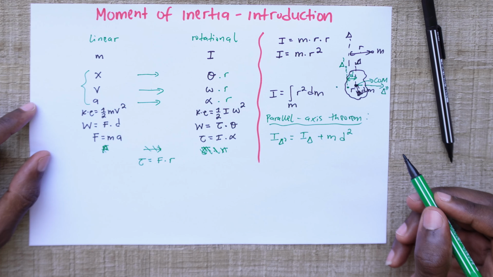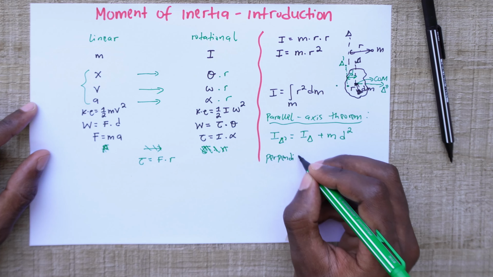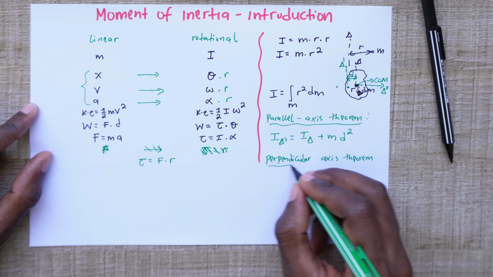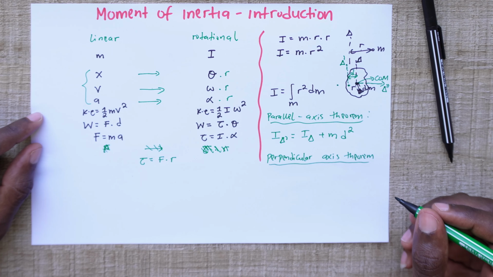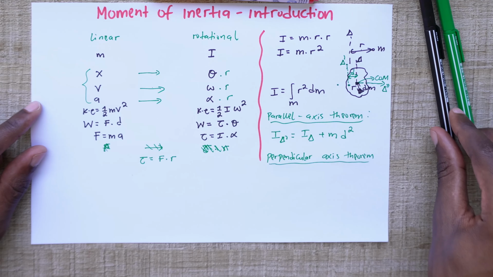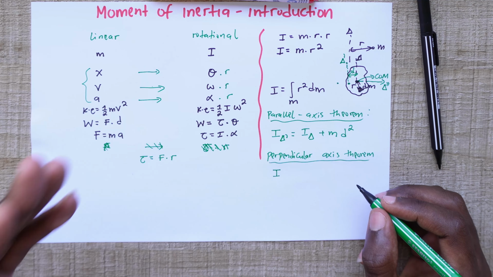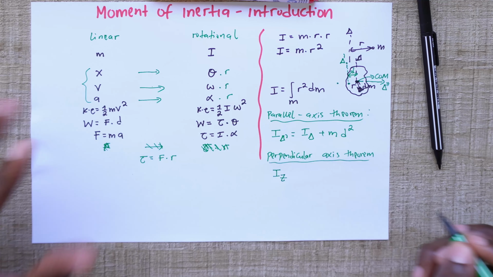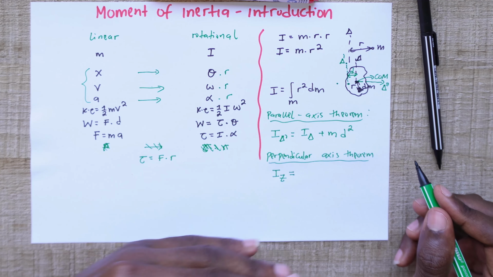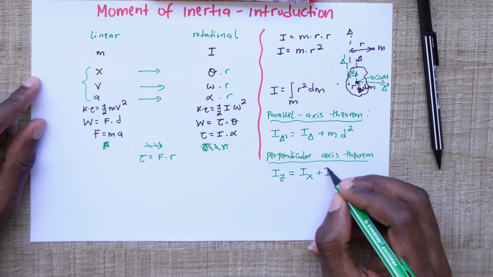Then we need to make use of another theorem, this time known as the perpendicular axis theorem, which tells us that if we have the moment of inertia of a body about some axis, let's just call it z, then I can relate this moment of inertia to the moment of inertia of the same body about two perpendicular axes. In this case, Iz would be Ix plus Iy.